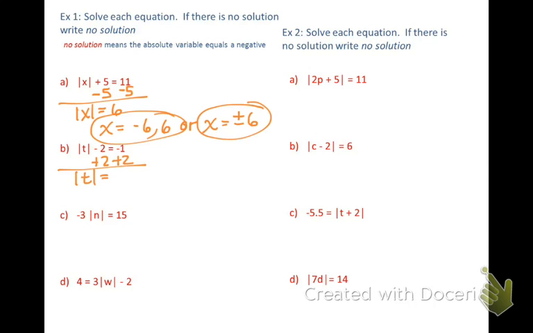Negative 1 plus 2, again they're opposite signs, so you subtract, and it would be 1. And how far away is something from 0? 1 away from 0. We have t equals positive or negative 1.